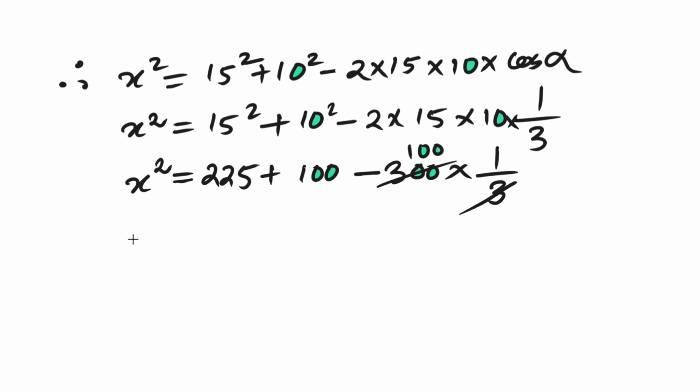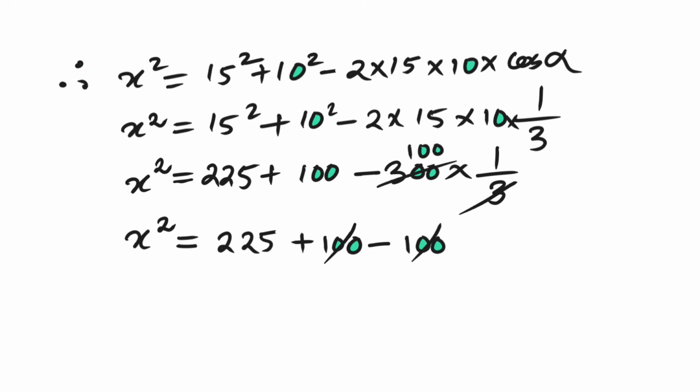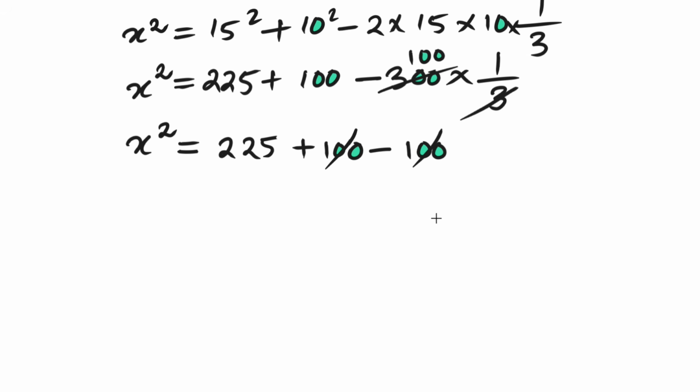So the equation becomes x squared equals 225 plus 100 minus 100. Notice what happens here. The positive 100 and negative 100 cancel each other completely. That leaves us with x squared equals 225.